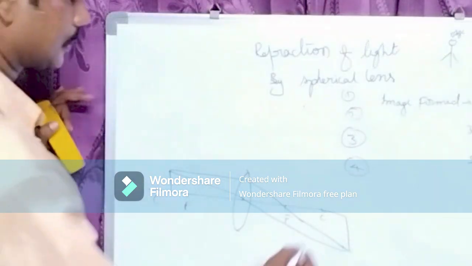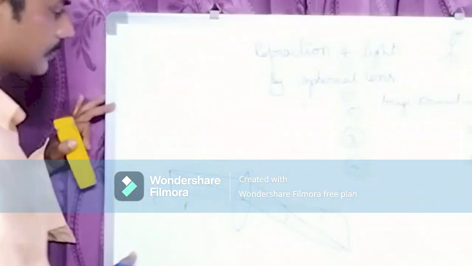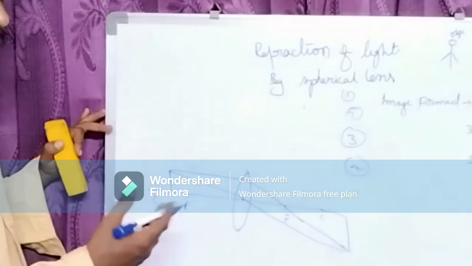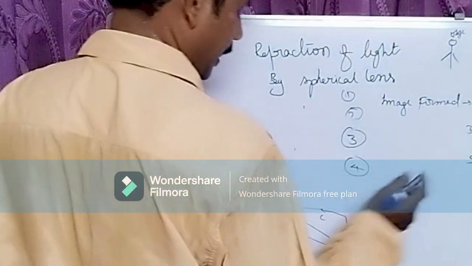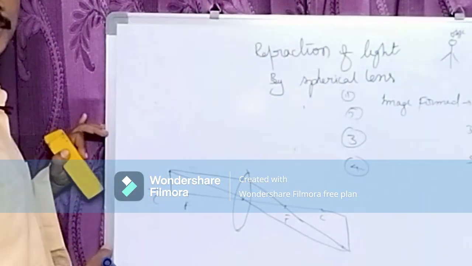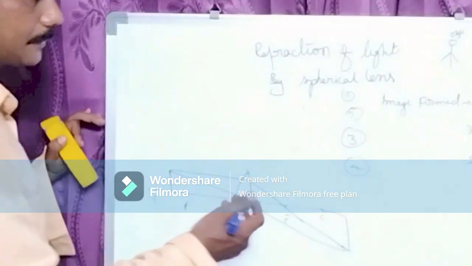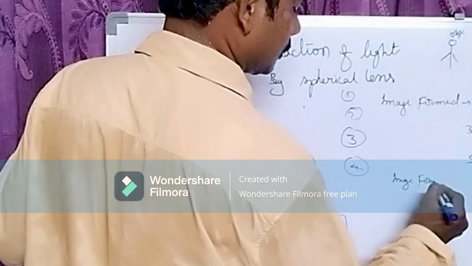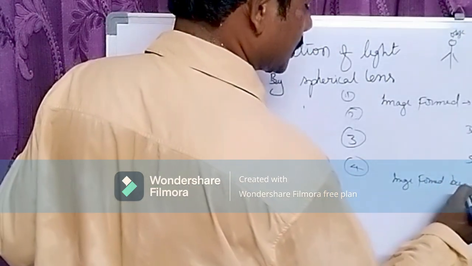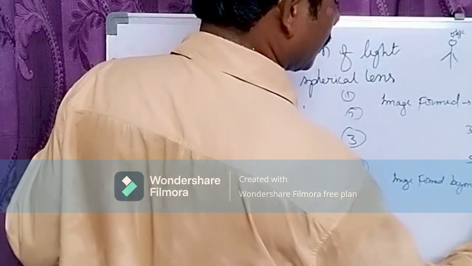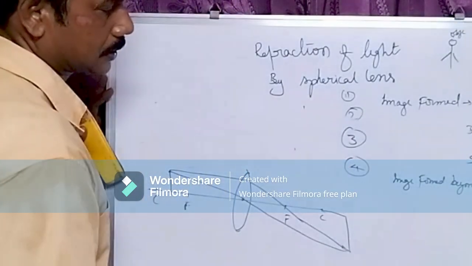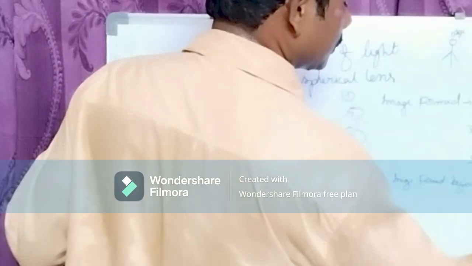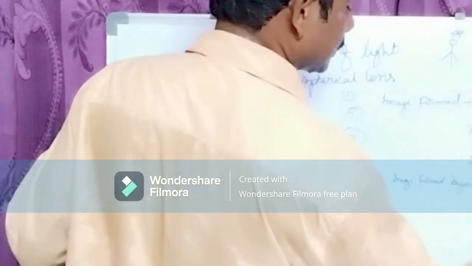The image forms beyond C, large and inverted. The image is formed beyond C. This is enlarged and inverted.